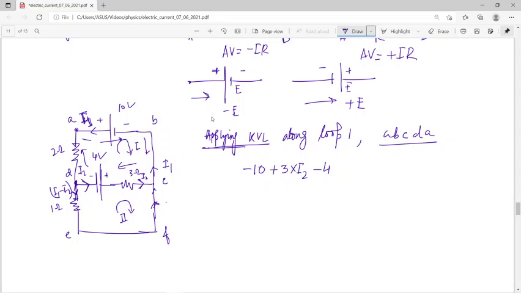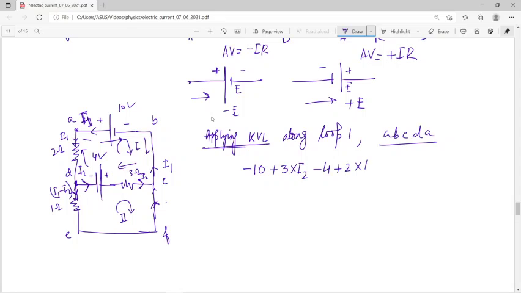Again we are back there, in that particular branch the current is nothing but I1, and we are moving in the opposite direction. That means our loop direction is opposite to the current direction. So you can say that is also taken as a positive.